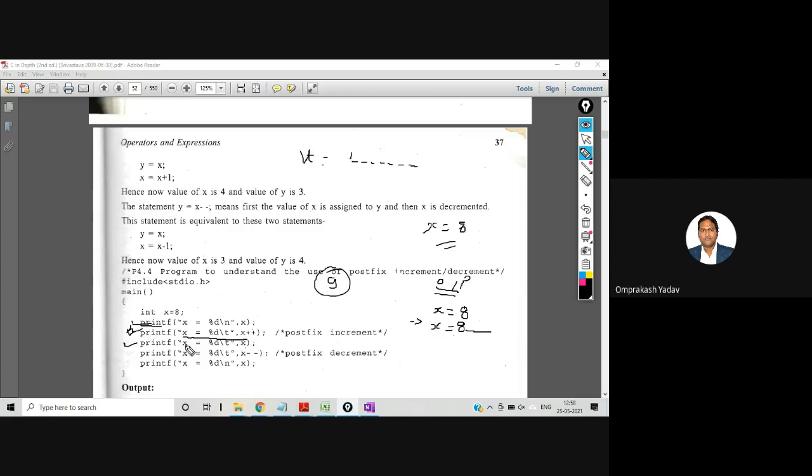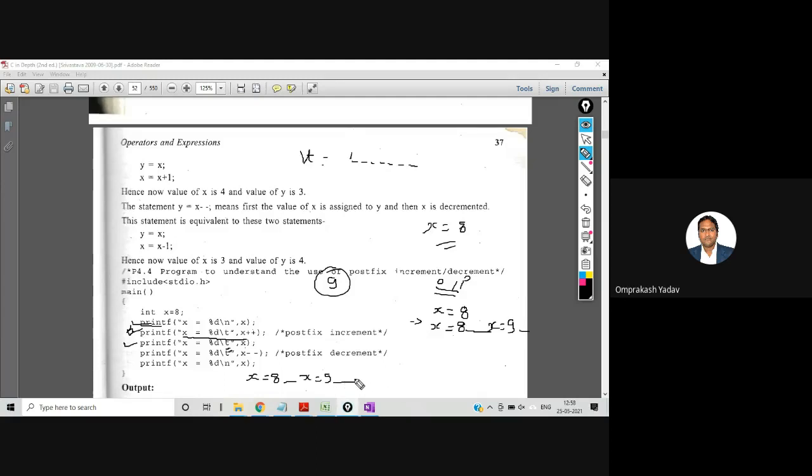Now in this statement, x is equal to %d, and simply the x value needs to be printed, and after that slash t is there. Here it's x is equal to, and we know that now x is changed to 9. There is a tab in between, and after that one more tab. So if I write x is equal to 8, then there is a tab space, then x is equal to 9, then again there will be space.